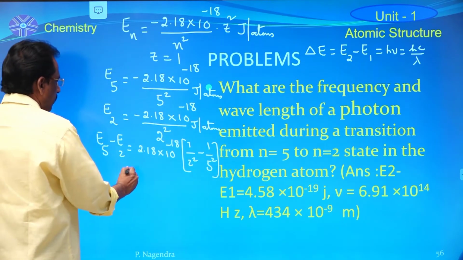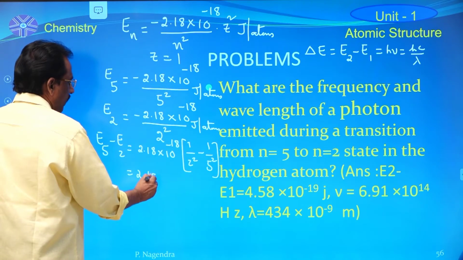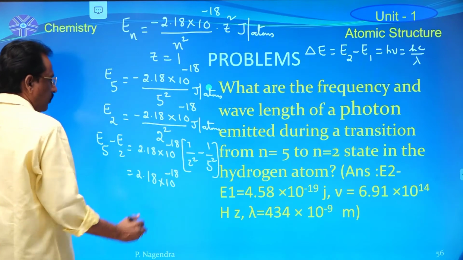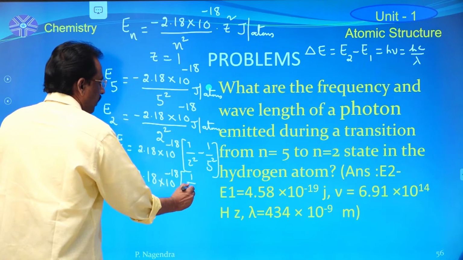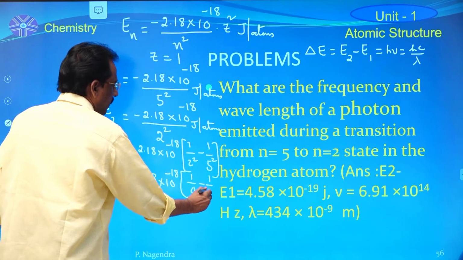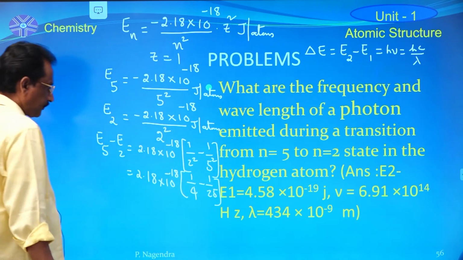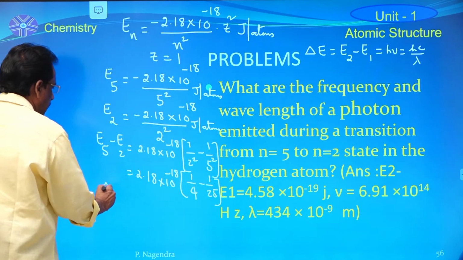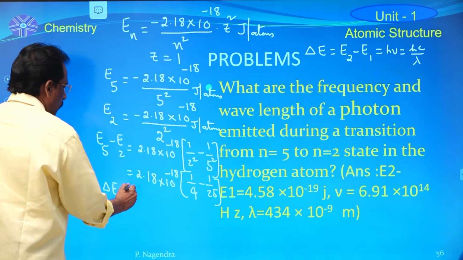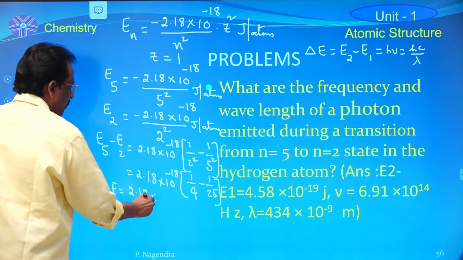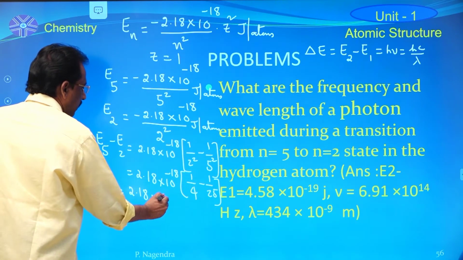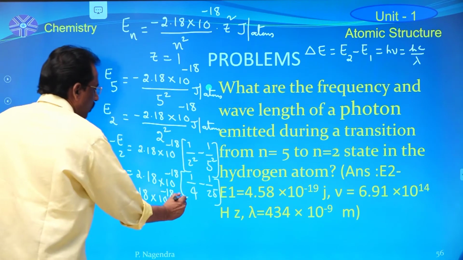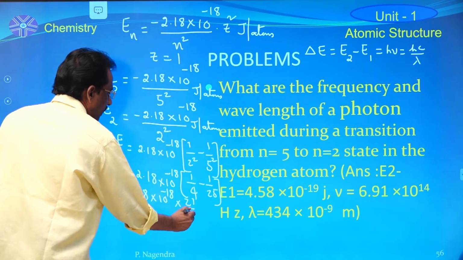That means 2.18 into 10 power minus 18 into 1 by 4 minus 1 by 25. So, delta E is equal to 2.18 into 10 power minus 18 into 21 divided by 100.